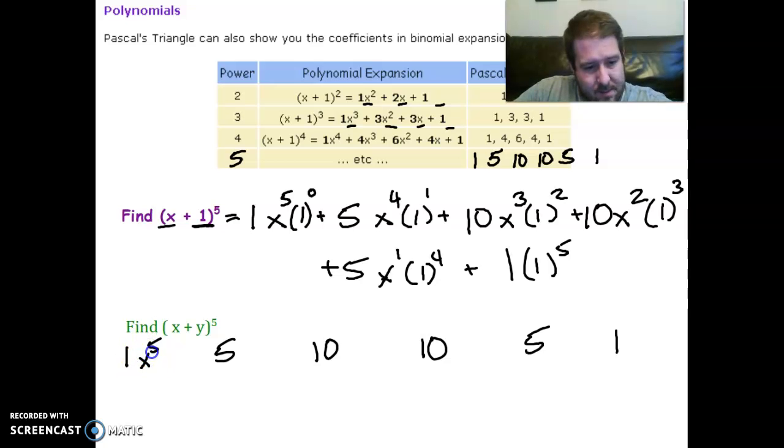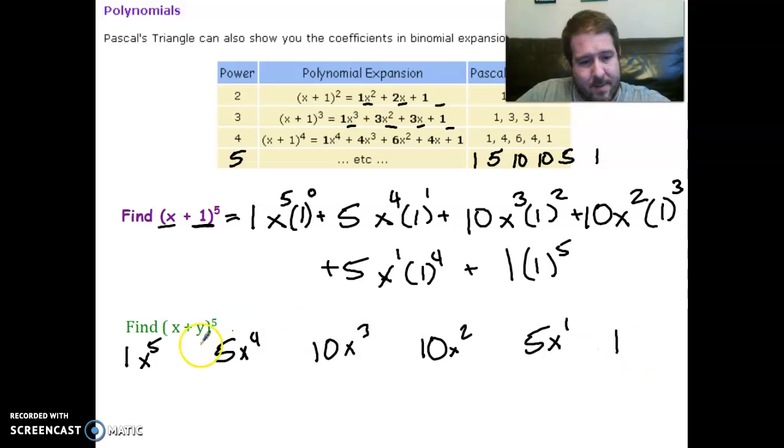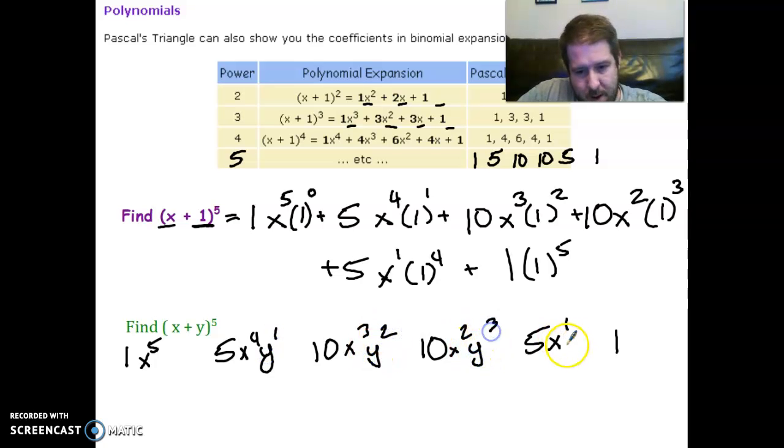So this is x to the 5th, x to the 4th, x to the 3rd, x to the 2nd, x to the 1st, and x to the 0th is just 1, so I'm not going to write that. Then I'm going to do times y to the 0th. I guess I shouldn't have written that. Then y to the 1st, y to the 2nd, y to the 3rd, y to the 4th, and y to the 5th.